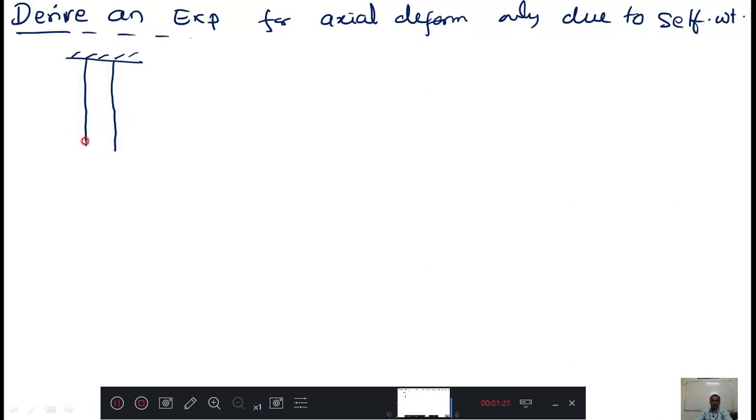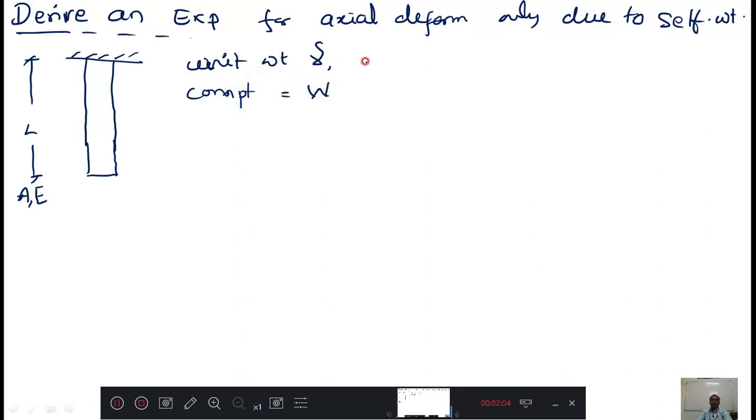Let us consider a hanging prismatic bar with cross sectional area A with the length L, with the material property Young's modulus E, and the prismatic bar has unit weight gamma and its complete weight as W. Unit weight means it's like a density, okay.